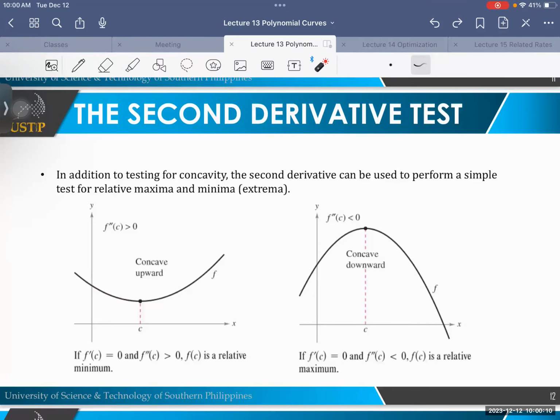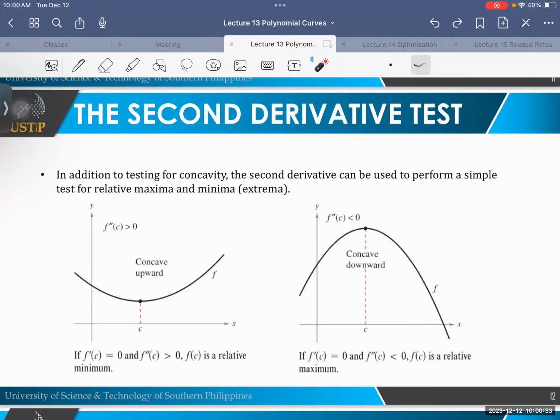Remember in the first derivative test, if the slope is 0, then that is a relative extrema. The same is true for concave downward: if the first derivative is 0, that is still a relative extrema.